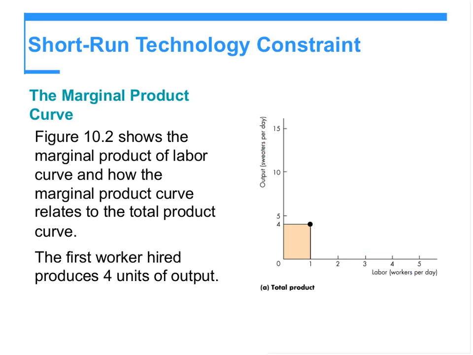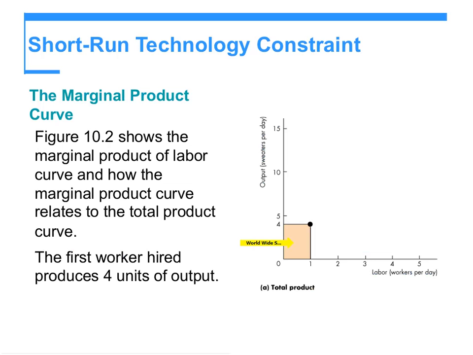Look at here, we are now going to talk about the marginal product curve. As this figure shows, the marginal product of labor curve and how it relates to the total product curve. The first worker hired produced 4 units of output.